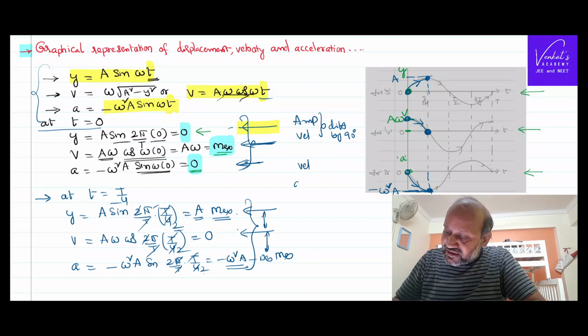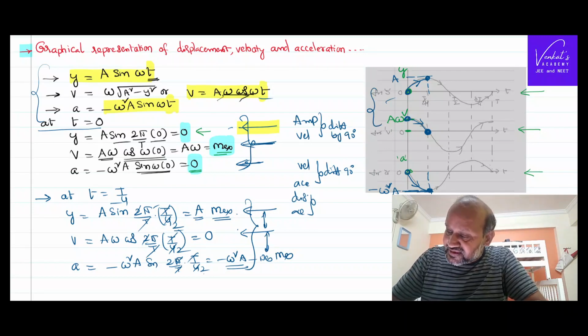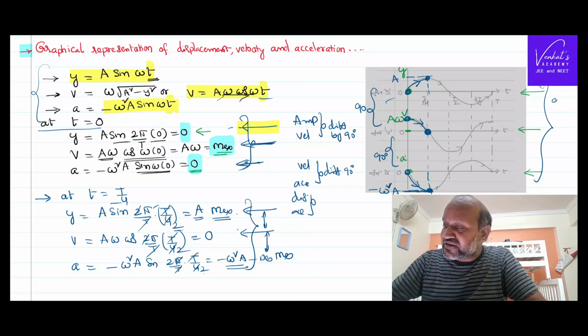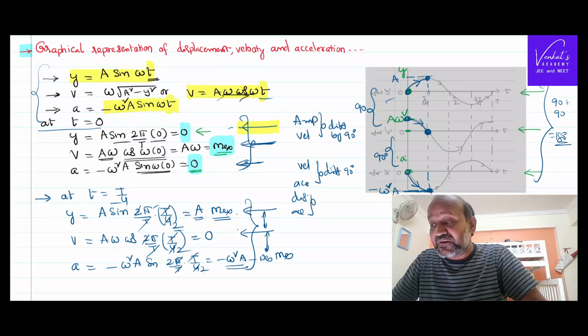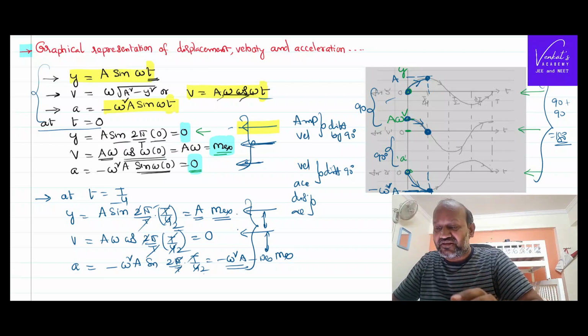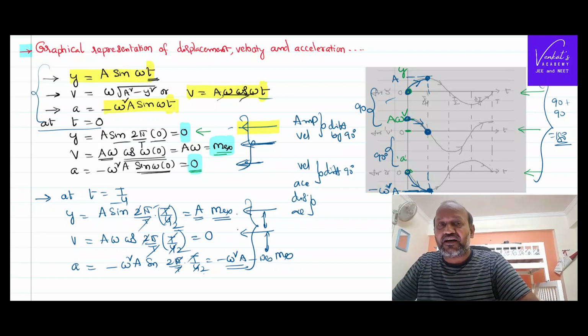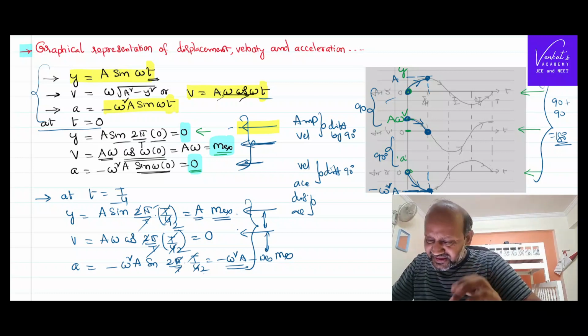Again, velocity and acceleration differ by 90 degrees. Considering displacement and acceleration, the first one and the last, from here to here there is a 90-degree phase difference, and from here to here there is a 90-degree phase difference. Then from first to last, the phase difference is 90 plus 90, that is a 180-degree phase difference. So displacement and acceleration are opposite to each other. That's why we call that motion simple harmonic motion.